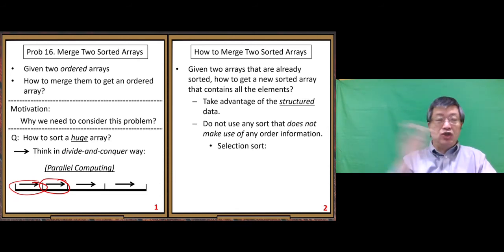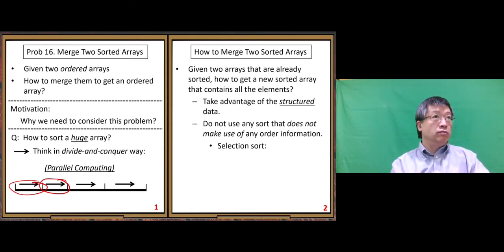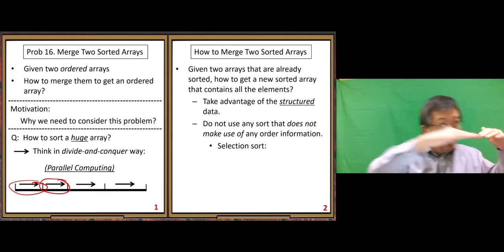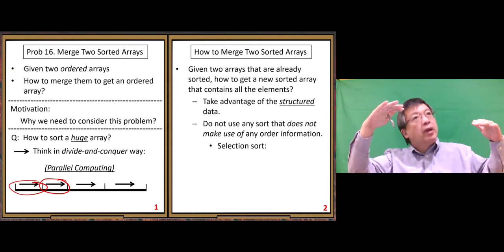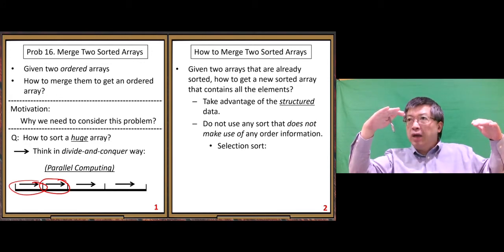The first one, selection sort. Think about it: do we make use of the order information in selection sort? No. In other words, if the array is already sorted, is your algorithm running faster?